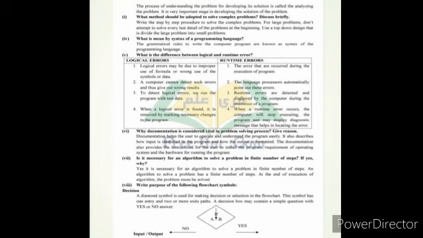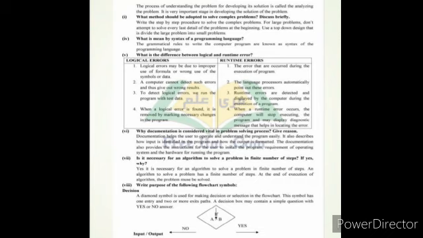Discuss briefly. And question number 4 is what do you mean by syntax of a programming language? Is it necessary to know the syntax for solving a problem on computer? Question number 5 is differentiate runtime errors and logical errors.